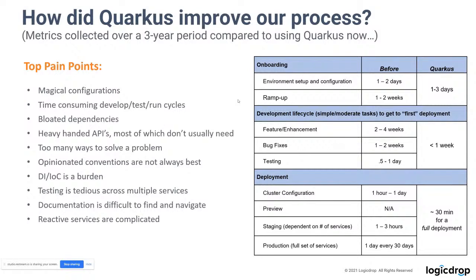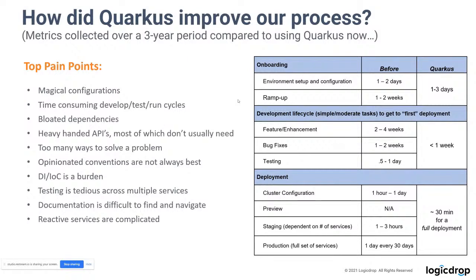It took a lot of time to get set up. With Quarkus, we're usually looking at a worst case scenario right now of 3 days. We just recently did a fire drill here, and the average time to get set up and be able to get a general grasp of the code sat somewhere around a day.